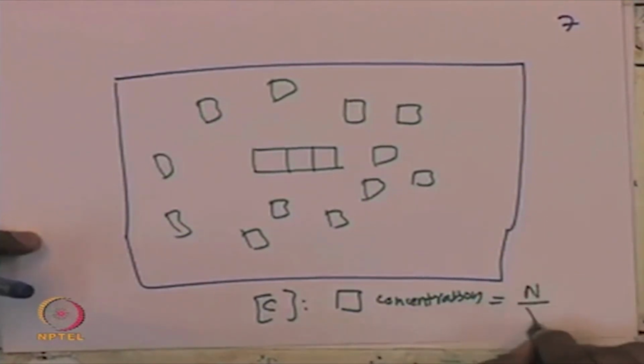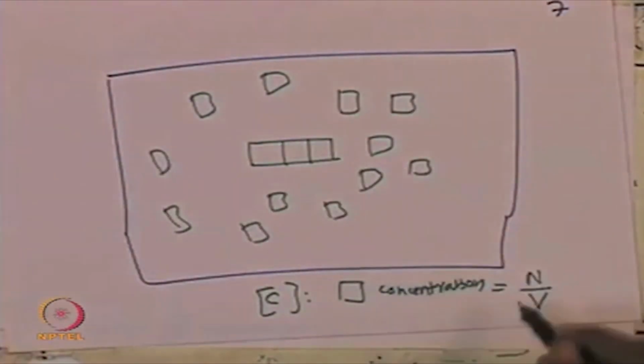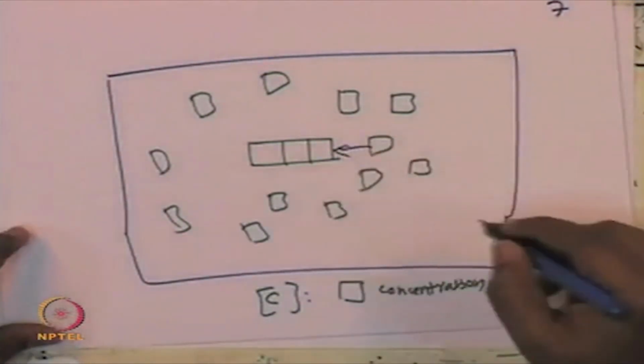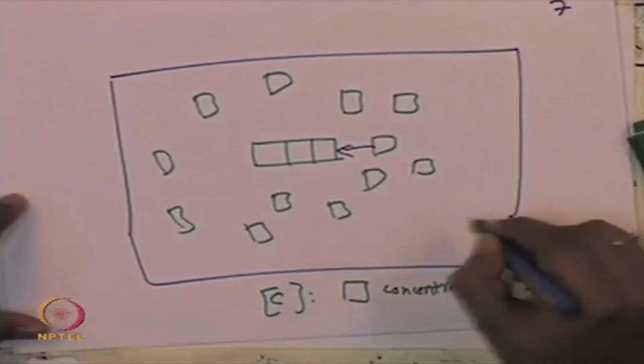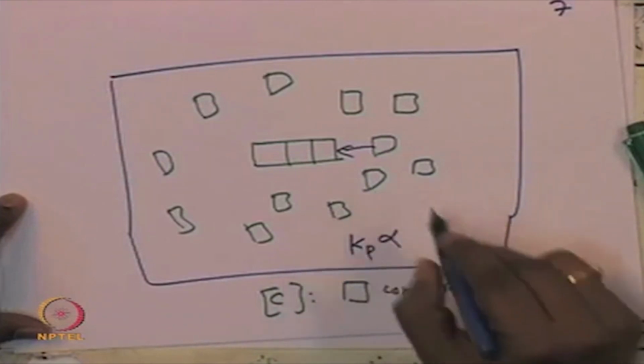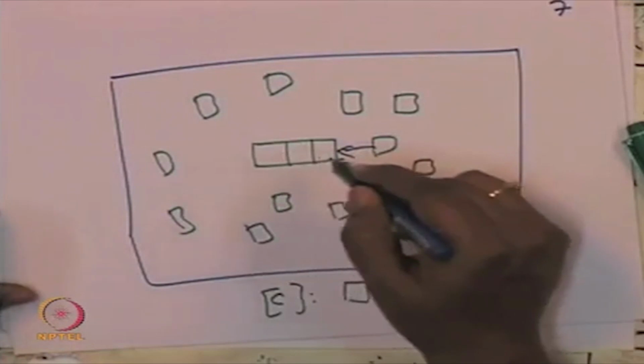Concentration means number by volume. In this volume, how many monomers are there? That is the concentration. The more there are, the more likely that they will go and hit and then form this binding. So, the rate of polymerization is likely to be more.